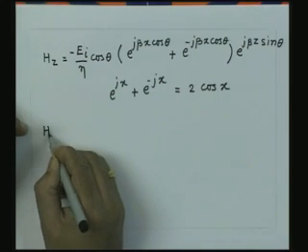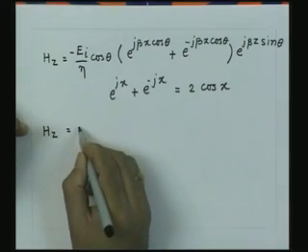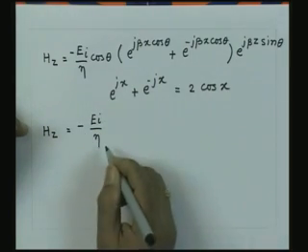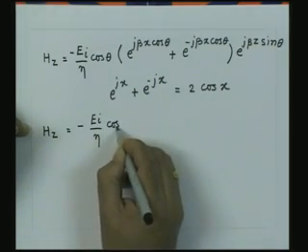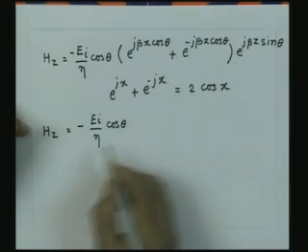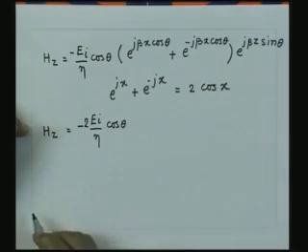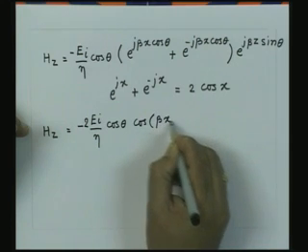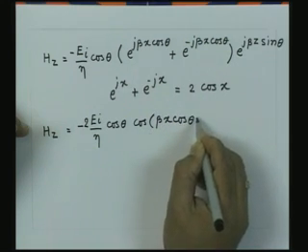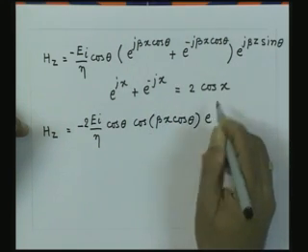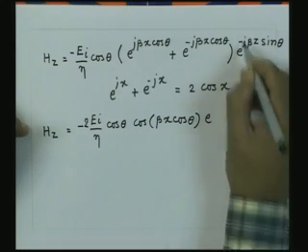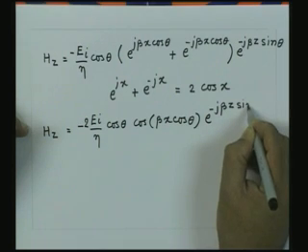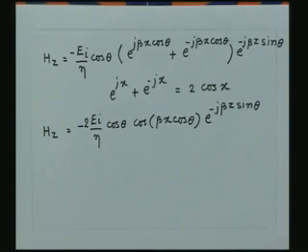So Hz can be written as minus Ei upon eta cos theta, you can put 2 here, cos of beta x cos theta e to the power minus j beta z sin theta.